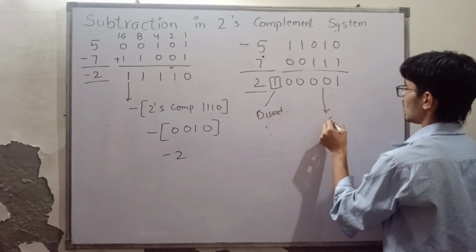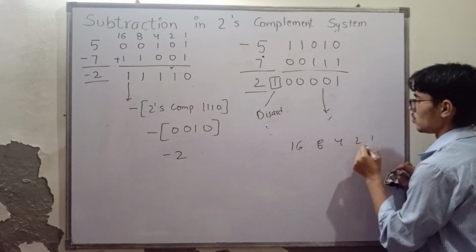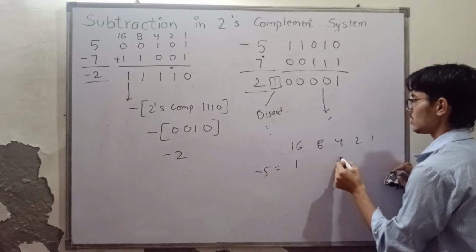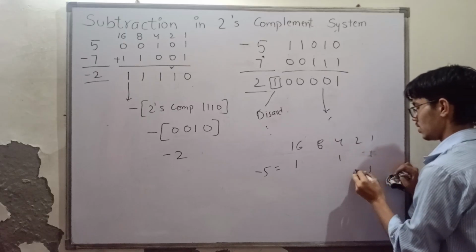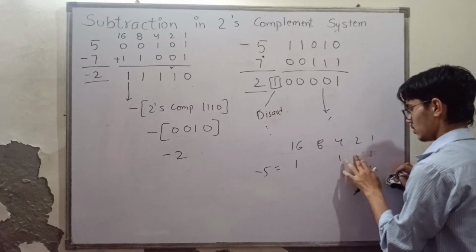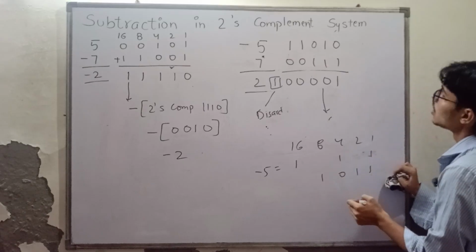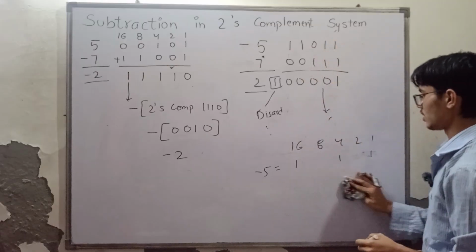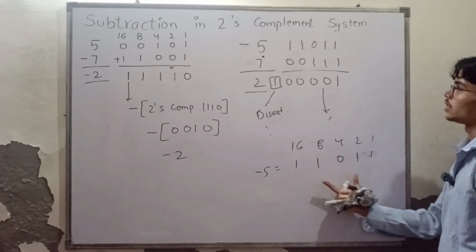Oh, something is wrong. 16 8 4 2 1. Negative sign, 1, minus 5, negative sign. I have to take this 2's complement, so 1 1 1 0 1. Okay, here also a 1 should be there. Okay, so this is correct.